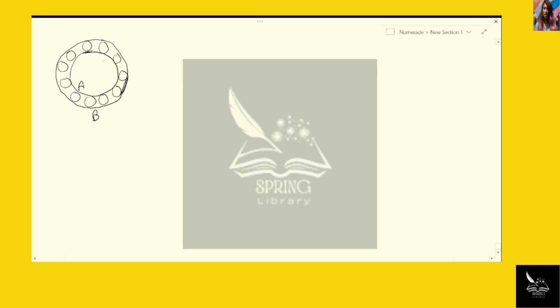The diameter of A is given to be 60 millimeters, and the diameter of each ball is given to be 12 millimeters.